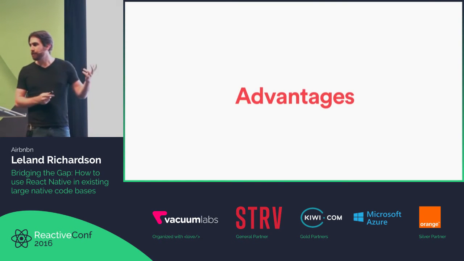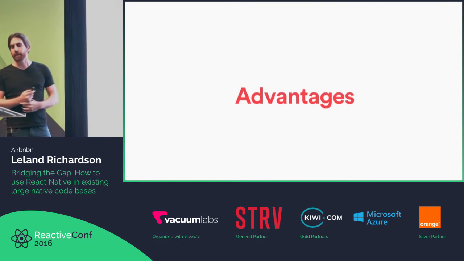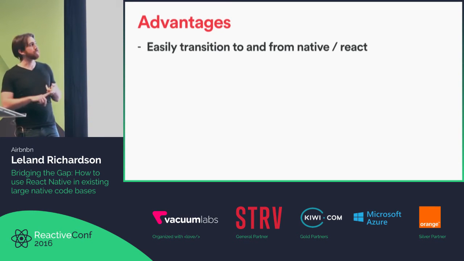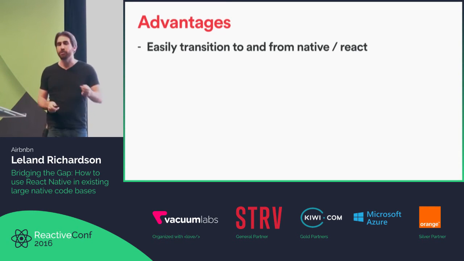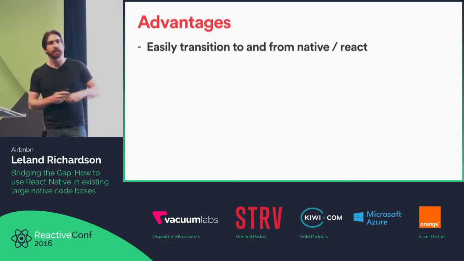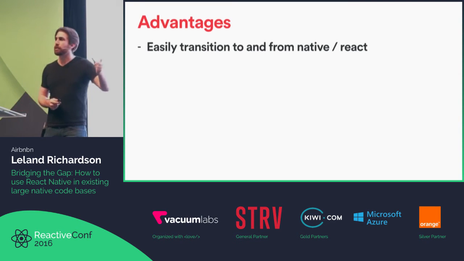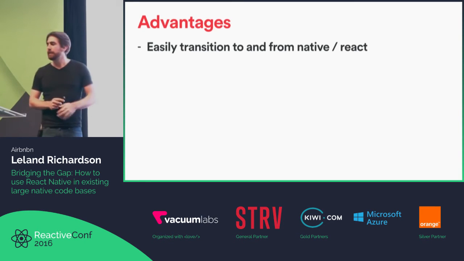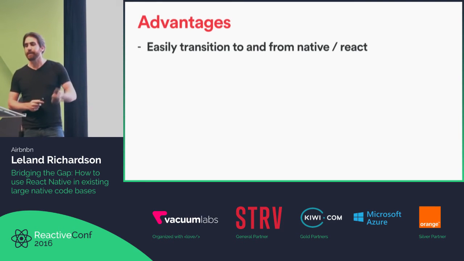So what are the advantages here of this type of brownfield navigation? One, it's really, really easy to transition to and from native or React Native views, right? Native flows just get a similar URL type structure, and we can push native views just like we push React Native views, and we can easily push React Native views from native.